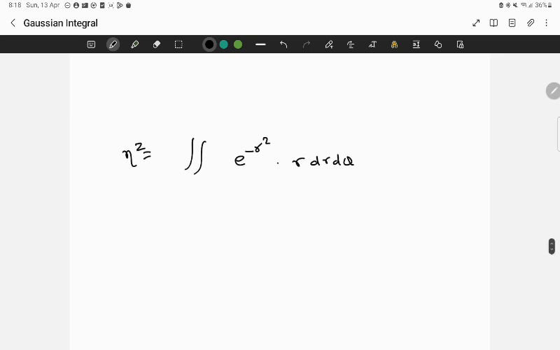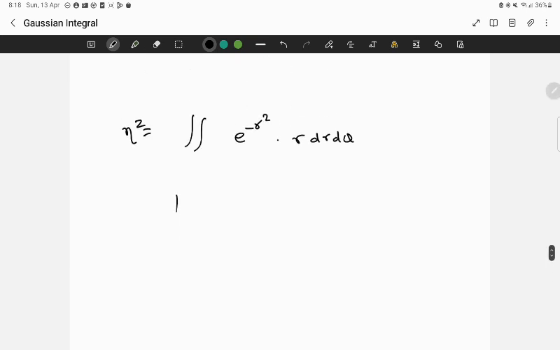The second question is, what will happen to the boundaries, right? Initially in xy space, x goes from 0 to infinity and y goes from 0 to infinity. So basically it is this first quadrant, right?